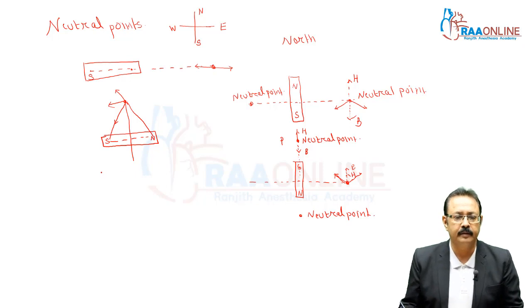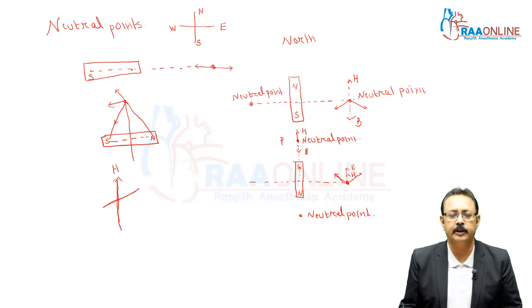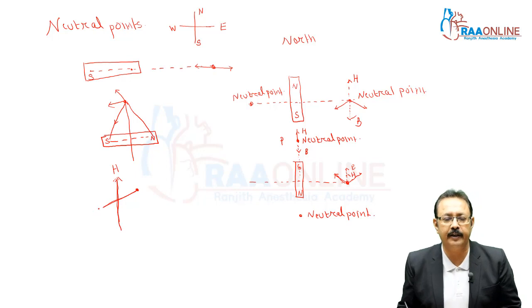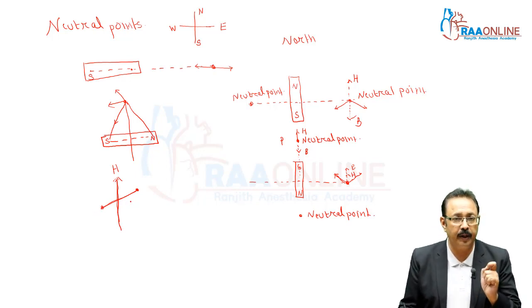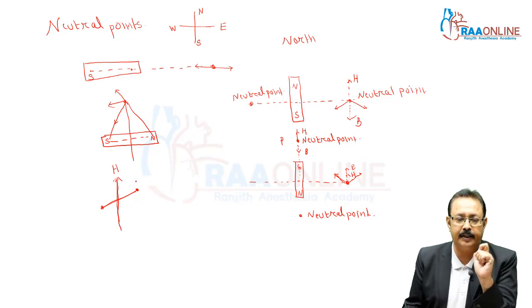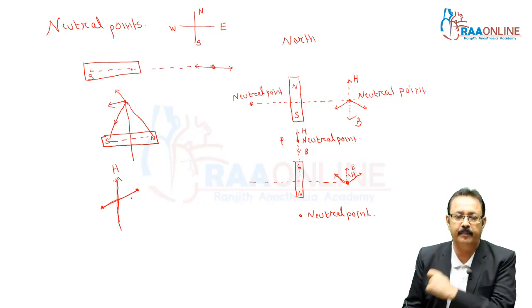Now, like an electric dipole, everywhere Earth's magnetic field is present, and its horizontal component is in the north-south direction pointing north, denoted by H. If I keep my magnet, which is free to rotate, here with pole strength m, and a unit pole experiences a force H at this place, then the north pole will experience a force in this direction, m into H, and the south pole in the opposite direction.